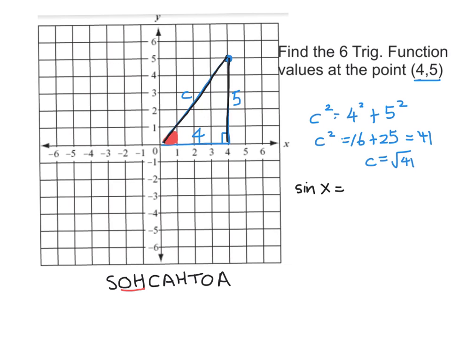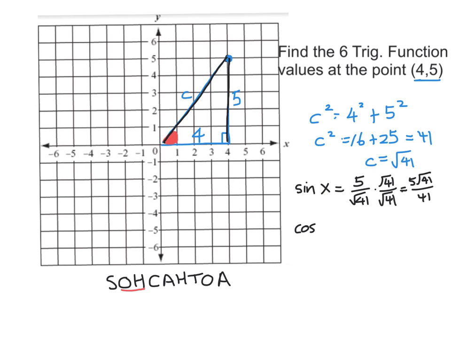So 5 over root 41 is the sine. You need to multiply by root 41 over root 41 to get rid of that radical, and we get 5 root 41 over 41, because root 41 times root 41 is 41.